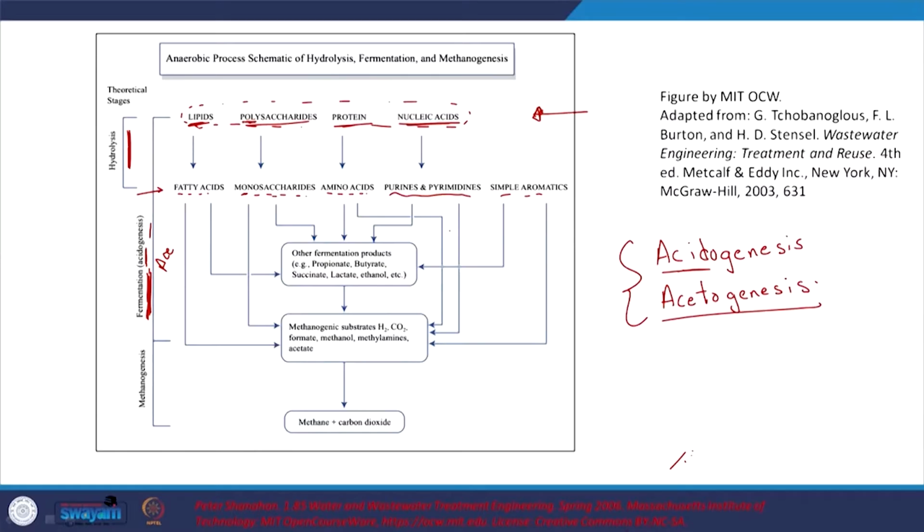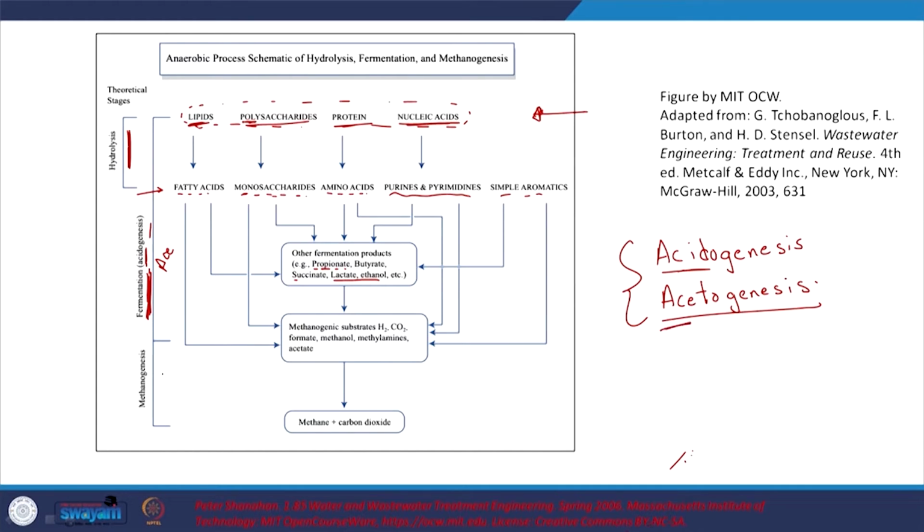So, what is it that we have formed during the fermentation step? You have relatively complex fatty acids like propionate, butyrate, lactate and such, let us see. And then they are going to lead to formation of acetic acid, I guess, right. So, that is one aspect to note, that is why acetogenesis, if I am not wrong, but we will come back to that.